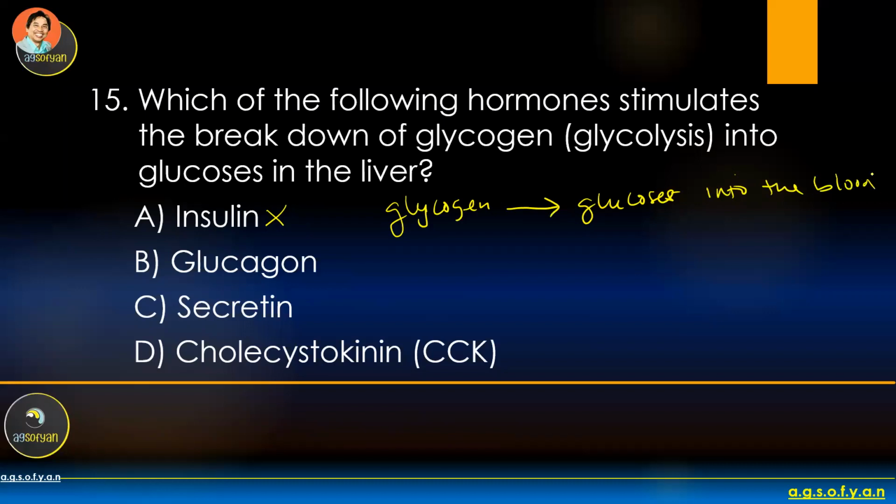This happens when glucoses in the blood are depleted. The hormone that performs this process is also produced by pancreas, and it is called glucagon. So glucagon goes to liver and stimulates the breakdown of glycogen into glucoses.